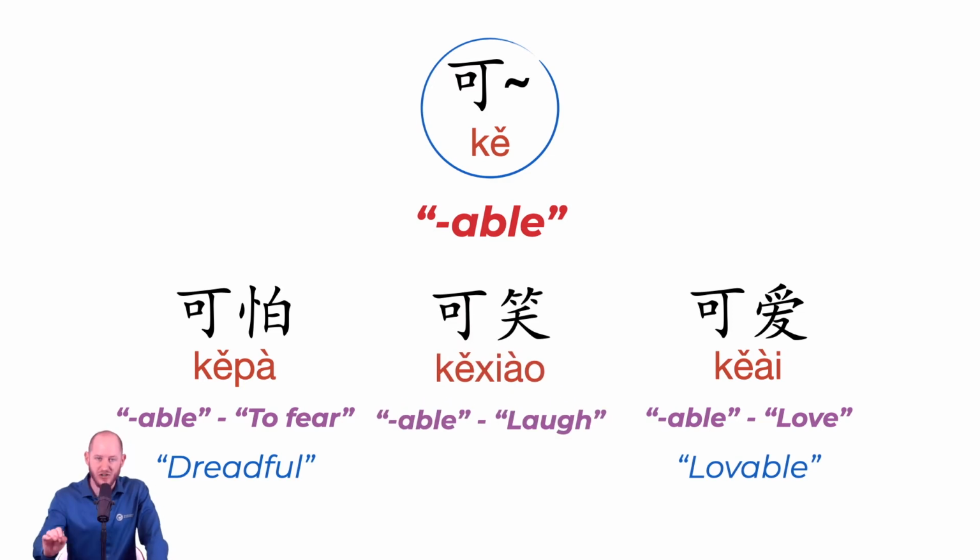Now, I want to mention about 可爱 is that it's often translated as cute. And that's true. You can totally say about like a baby or a puppy, you can be like, oh, 好可爱. But it's a little bit deeper than the word cute is in English, because the first time I realized this was when I was at a wedding.